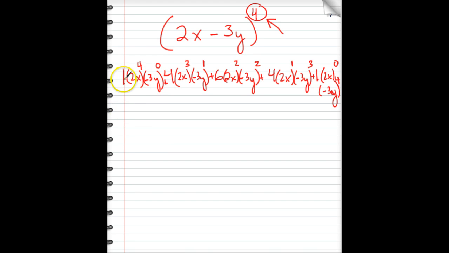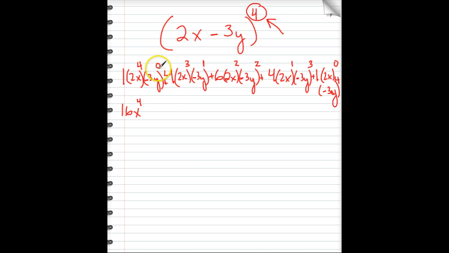Now we'll start crunching this guy out. We have 1, which multiplying by 1 doesn't do anything, so we have 2x to the 4th. Now, both of these get to the 4th power. That's where a lot of students make a mistake. So 2 to the 4th is 16, so we have 16, and x to the 4th.